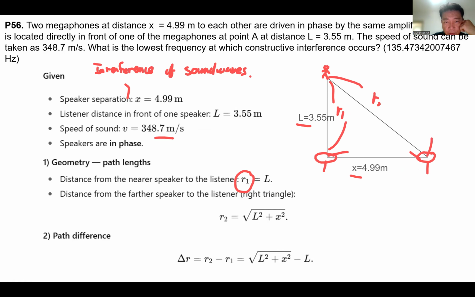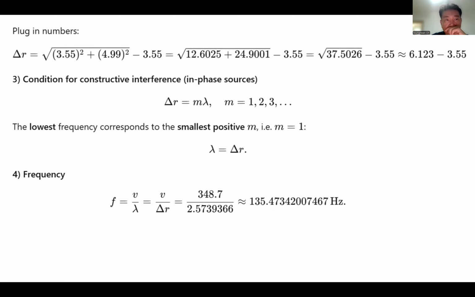We can find R2 is given by this one. This is the triangular condition. Then the path difference will give you the interference. The path difference delta r, R2 minus R1, is given by this one, and then delta r can be obtained.